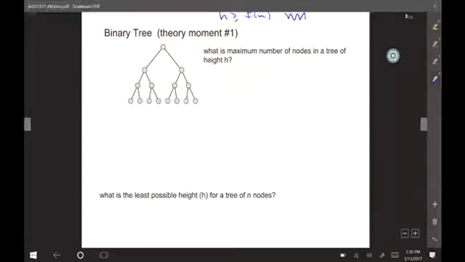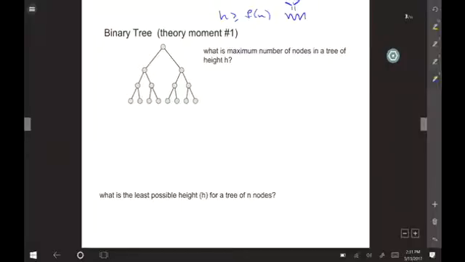Instead of that, I want to make this argument instead. I'm going to say that n, for any tree, the number of nodes in it, is less than or equal to the inverse function of its height. Because from that I can make my argument.